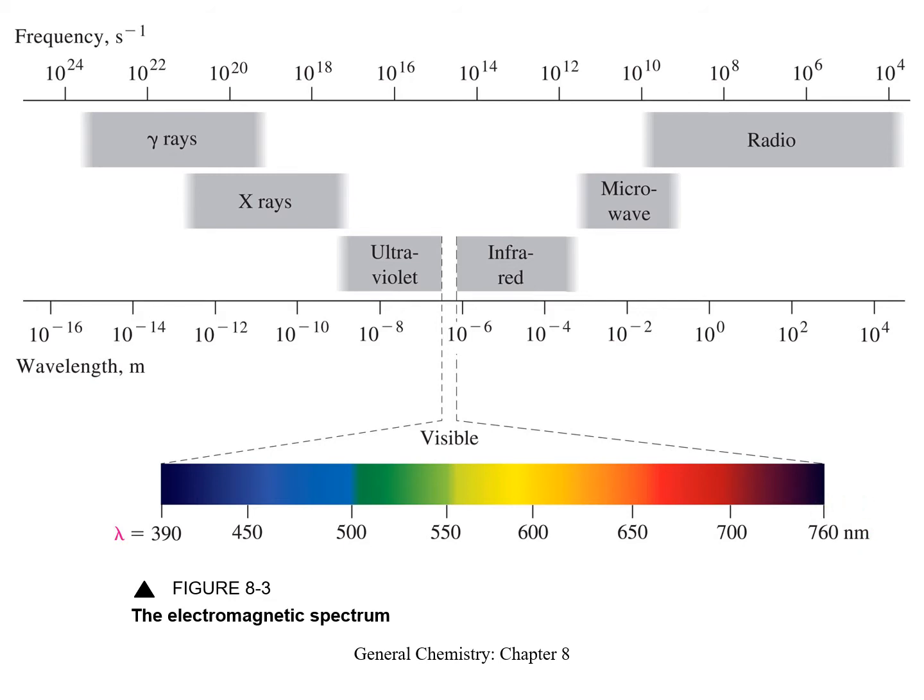What we see around us on this planet is in this tiny little window in the entire electromagnetic spectrum. And you can see that there's an inverse relationship between wavelength and frequency.